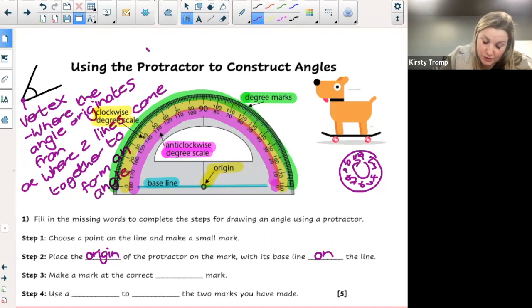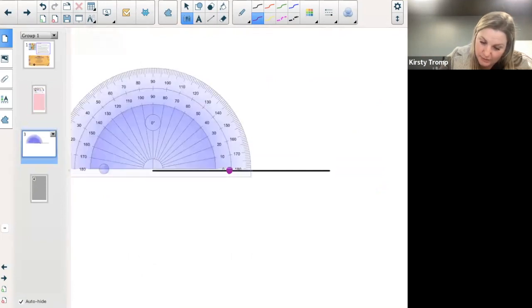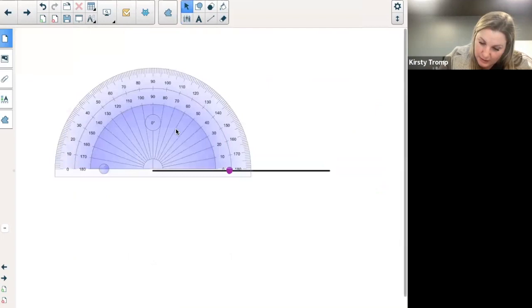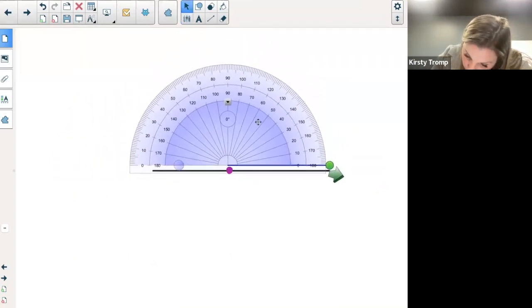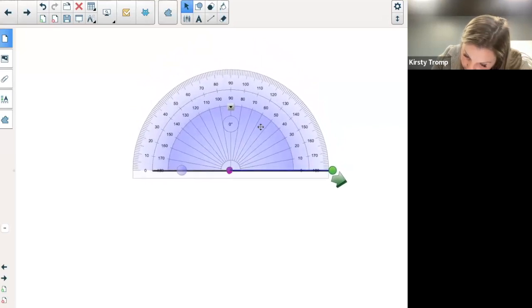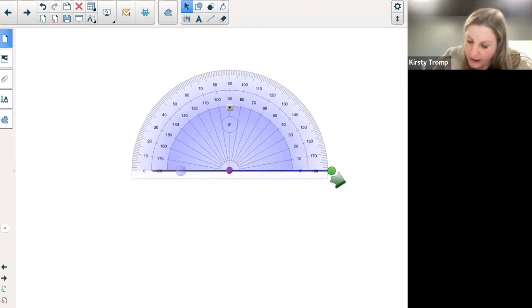All right, so let's go do that. So I'm going to go grab my protractor. There he is. Okay, I'm taking my protractor. I'm placing my origin on the mark and I'm placing my baseline on the line. All right, hopefully you're all with me. Hopefully you're following along. Hopefully you're drawing along with me.